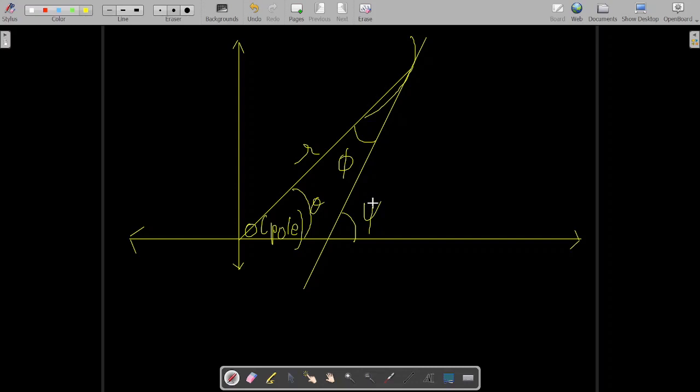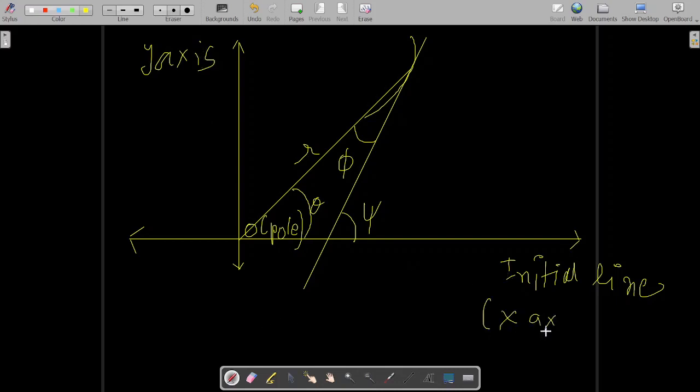This is your initial line, this is your y-axis, and this initial line is the x-axis you can say. This is your point P, which lies on the path of the object. This point P is (r, theta), its coordinates in polar form.